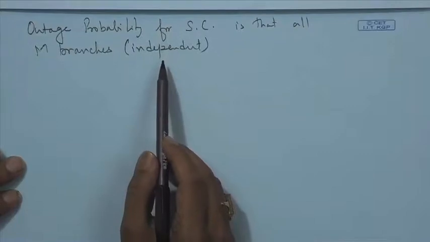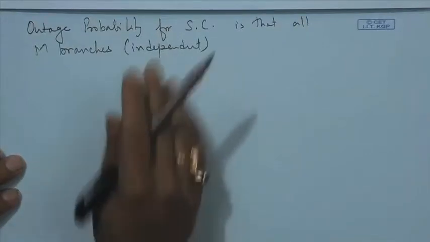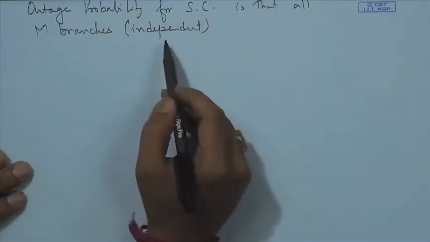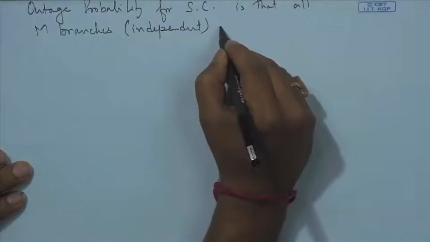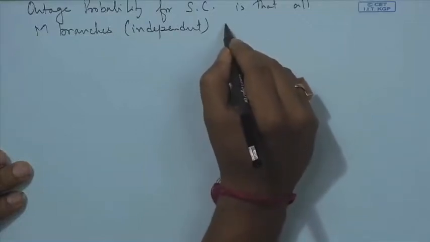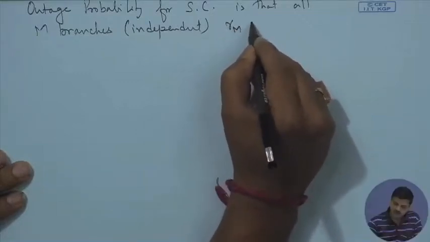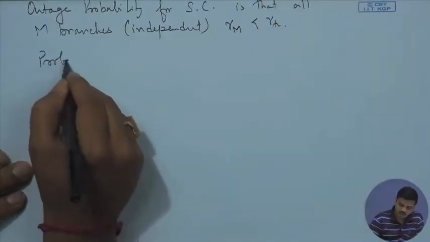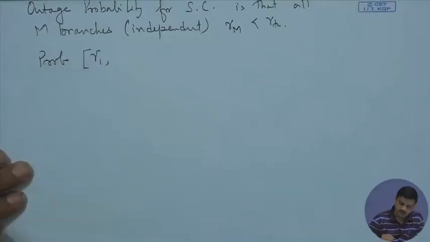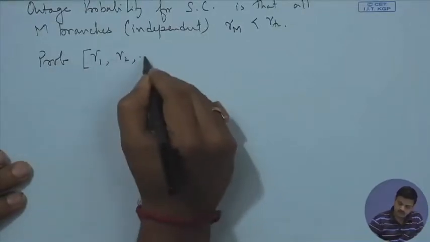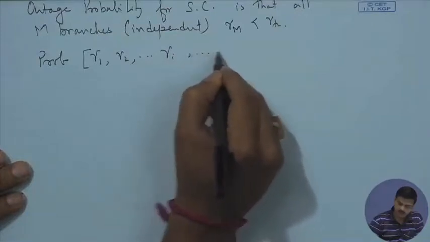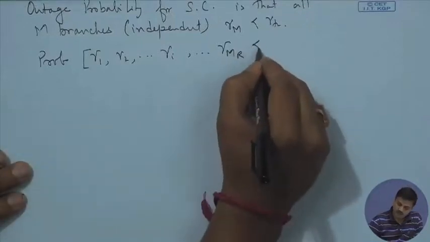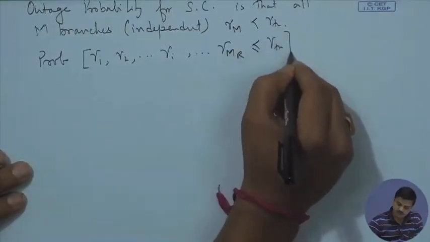For independent branches, when signals are received simultaneously amongst all the branches, basically the outage probability for selection combining is that all M branches combined together have SNR, that means gamma combined, less than a certain threshold. This is what we want. So basically what we are saying is the probability that gamma 1, SNR of the first branch, gamma 2, SNR of the second branch, let us say gamma I, the ith branch, up to gamma MR. So you have MR number of receivers that are all simultaneously less than a certain gamma threshold.